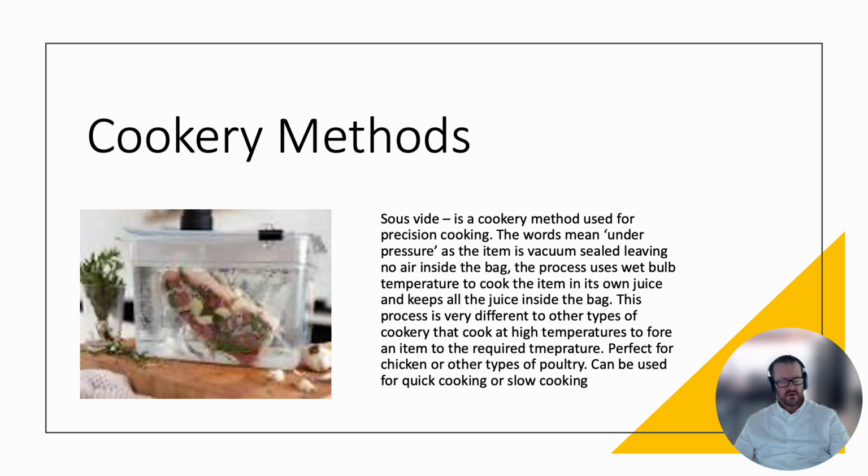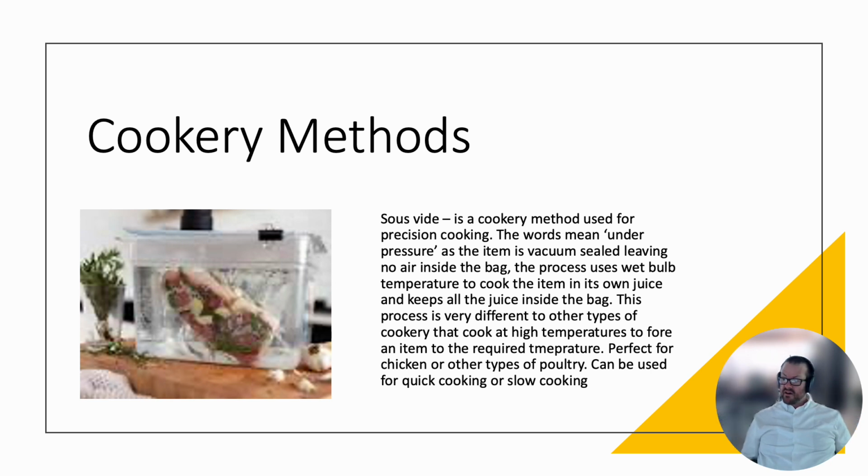With sous vide, we set the temperature to 75 degrees and we put the chicken breast in the bag into the sous vide, into the circulator. Right, so sous vide is the cookery method, it's not the machine. The machine is called a circulator, a precision circulator, because it moves the water around. So the item goes in the water bath and it can sit there at 75 degrees.